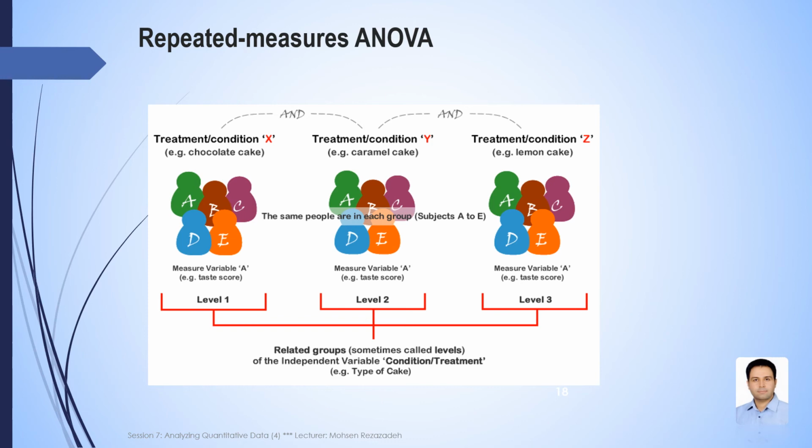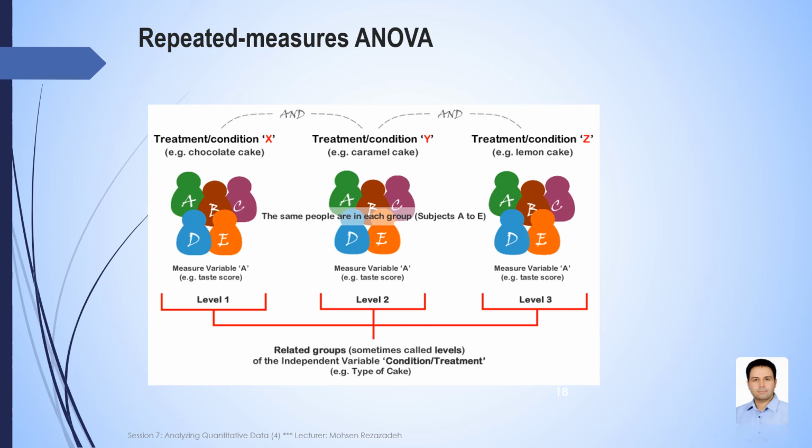The important point with these two study designs, this design and the one I mentioned in the previous slide, is that the same people are being measured more than once on the same dependent variable. This is why it is called repeated measures ANOVA.